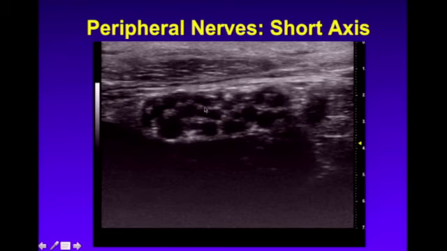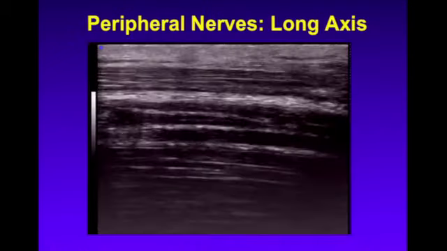And just for comparison, this is an overlying tendon, and you can see that compared to a tendon, the nerve has what we call a fascicular pattern, whereas the tendon has a fibrillar pattern, where the fibers of the tendon are more compact and they look different from a nerve. If we go into the long axis view, again we can see the comparison of the tendon in the near field with its compact fibrillar pattern, and then the more fascicular pattern seen of the nerve deep to it.